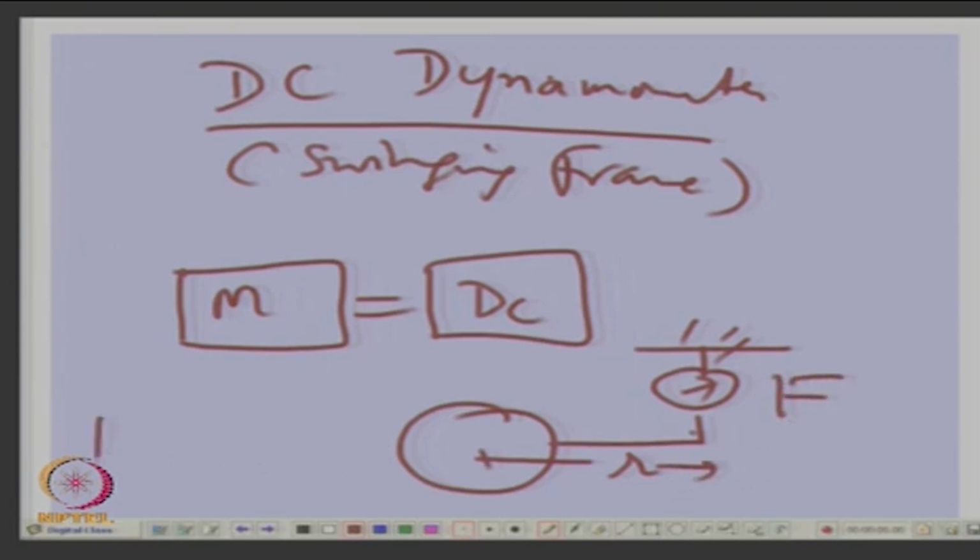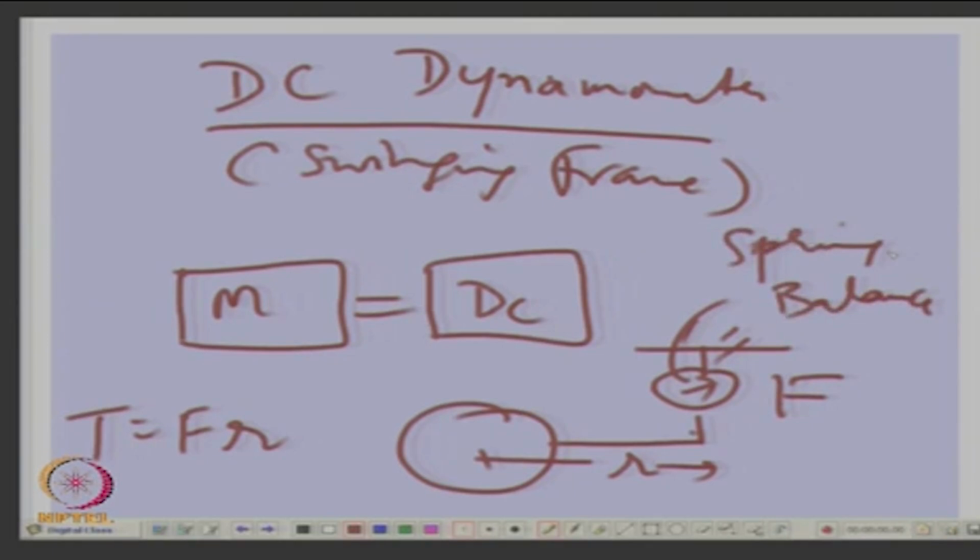So, torque here will be again equal to F into R. You have a spring balance here. This is one way.